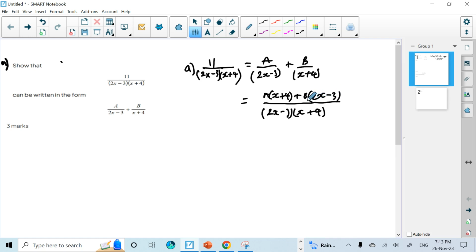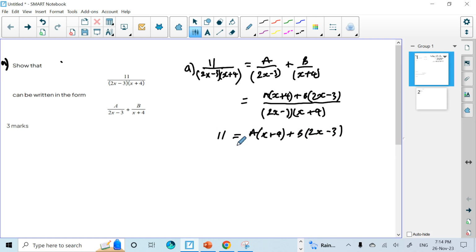And we can equate our denominators, and that will just leave us, if we equate our LCMs, with a(x plus 4) plus b(2x minus 3) is equal to 11.